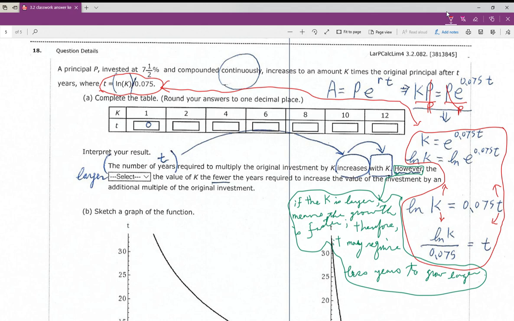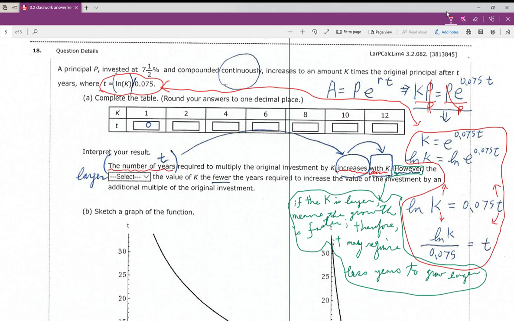So that's what it talks about. The number of years t will increase with k. Let me explain the grammar for you. The number of years t increases with k.